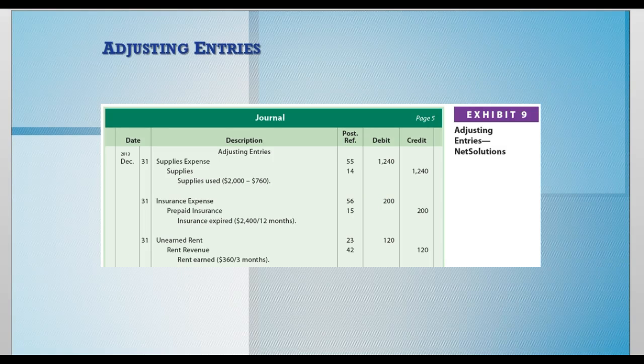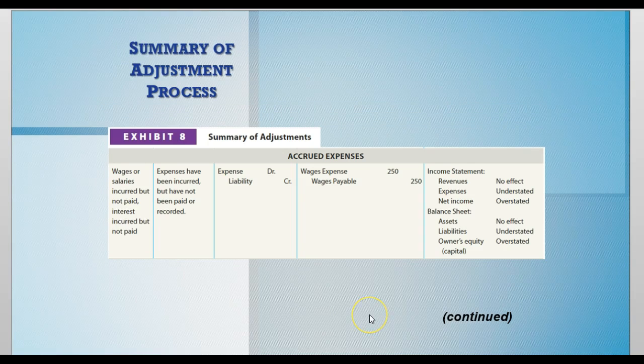Now we've got some more to look at. Here is one for accrued expenses. And this one is wages or salaries. Again, accrued means they're there. We just haven't paid them. We haven't recorded them, so we need to do that. And this was the wages. 2 days work was done within this period, and nothing had been paid out.